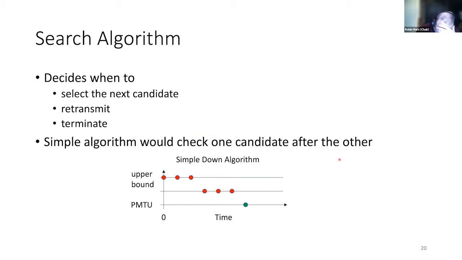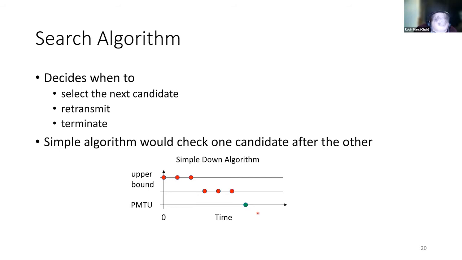For example, if we use the downward sequence, we have a simple down algorithm that sends a probe packet for the first candidate, and after detecting its loss, it repeats the probe packet as often as max probes defines, which we expect is 3 in this example. And this continues for the next candidate, and after that we have found the PMTU.